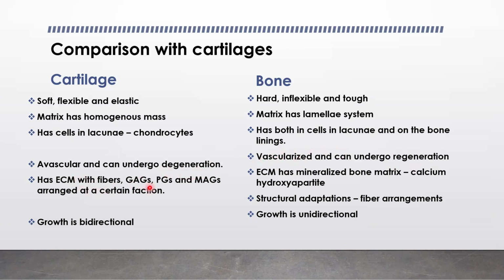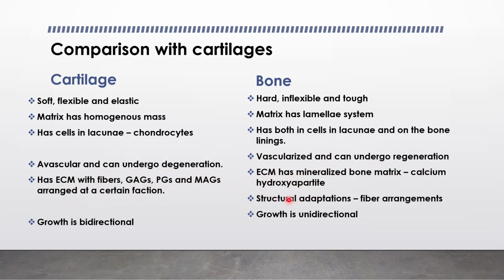Another point about the extracellular matrix of the cartilages is that you have fibers, glycosaminoglycans, proteoglycans, and multi-adhesive glycoproteins, unlike the extracellular matrix in bone, which is mineralized due to the presence of calcium hydroxyapatite.